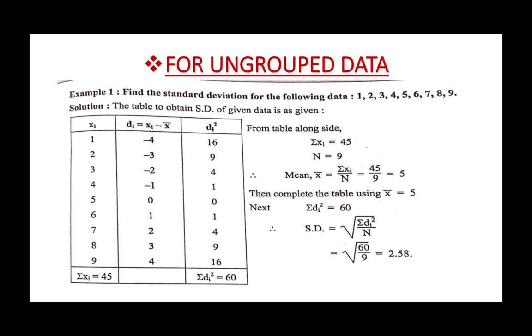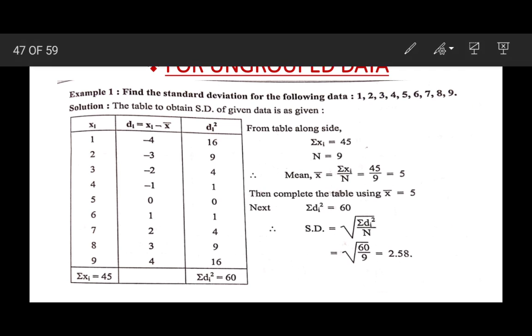So let us start with an example. The first example is for ungrouped data. The question is, find the standard deviation for the following data. Data is 1, 2, 3, 4, 5, 6, 7, 8, 9. So x is given as 1, 2, 3, 4 and so on. Frequency is not given, therefore the given data is ungrouped data.